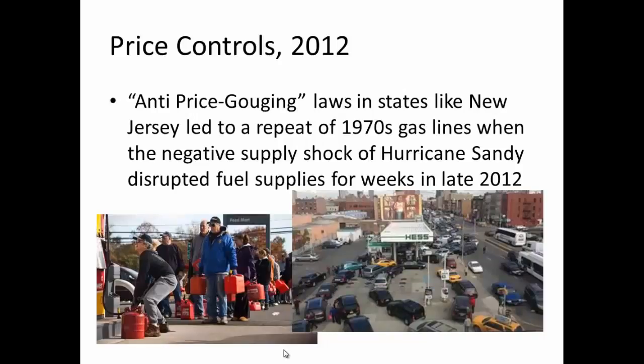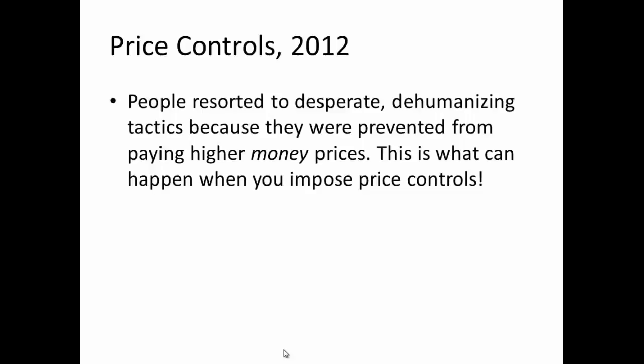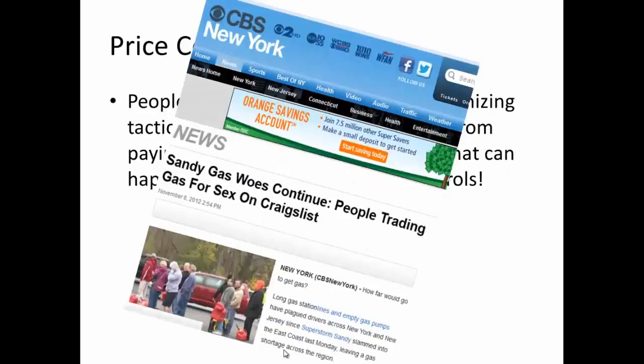Price gouging laws prevented the price from rising in the face of an adverse supply shock, and we saw a repetition of the 1970s oil crisis effects, people waiting in long gas lines on the East Coast. And sadly, people sometimes resorted to desperate and dehumanizing tactics to purchase gasoline because they were prevented from paying higher money prices. This is what can happen when you implement price controls.